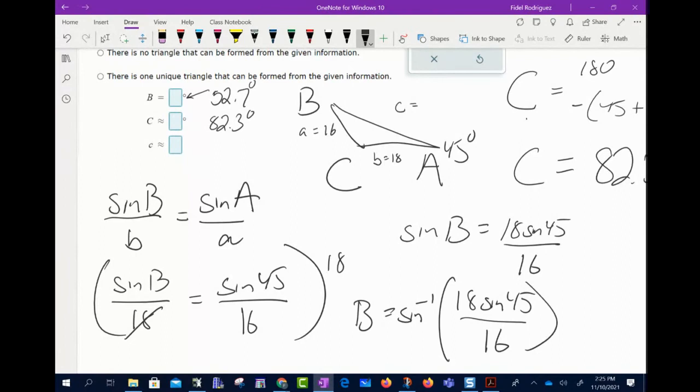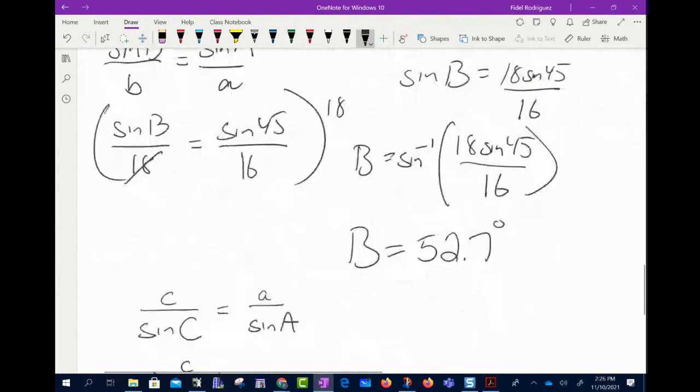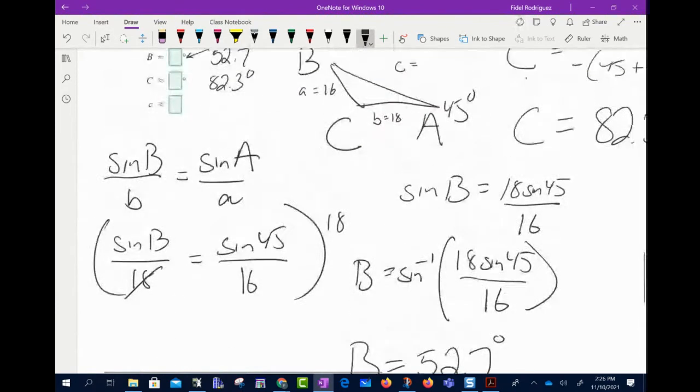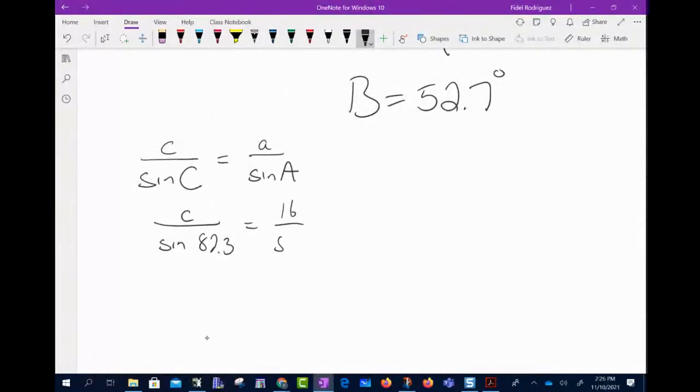All right. Now we need to find the value of little c. So how are we going to find the value of little c? We're just going to use the law of sines. So little c over the sine of c is equal to little a over the sine of a. Little c over the sine of c we just found to be, what, 82.3? Is equal to little a, which we already knew to be 16, over the sine of 45. And again, I'm going to multiply both sides by the sine of 82.3, okay, to get rid of that.